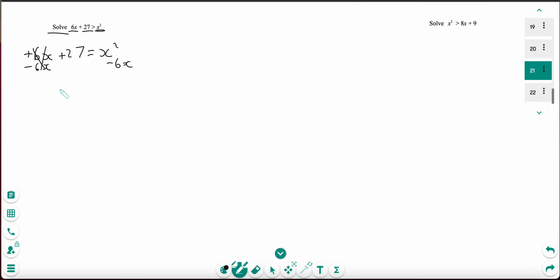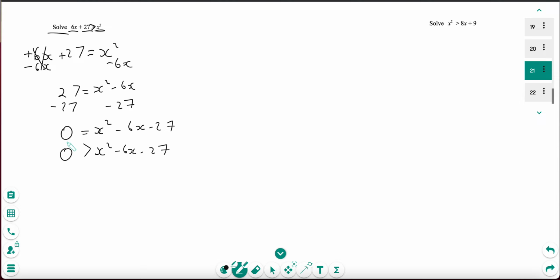That cancels out, so 27 equals x squared minus 6x. And I'll minus 27 on both sides, so 0 equals x squared minus 6x minus 27. Cool. And I'll also write it out with the inequality sign too, so it was facing this way.